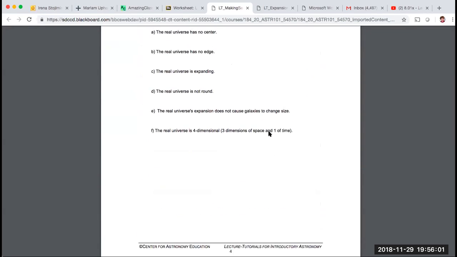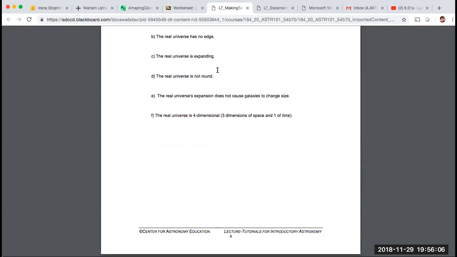Does that make sense? So this is the fact: the real universe is not round, it's pretty flat. Is that captured by the balloon analogy? No, it's not captured, because the balloon is pretty round. Okay, good. E? The real universe expansion does not cause galaxies to change in size.